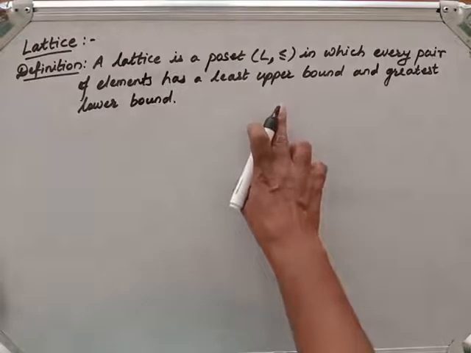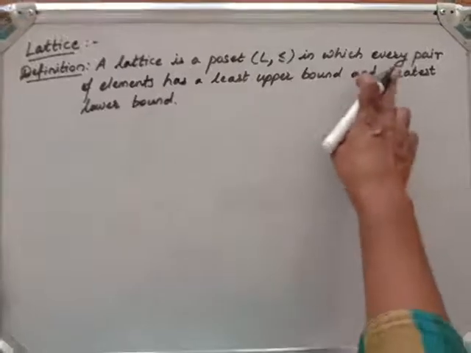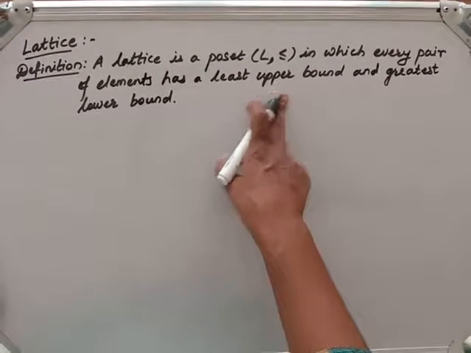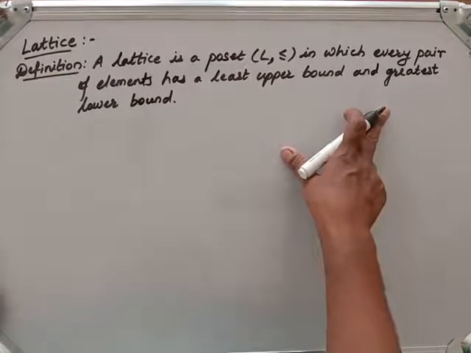When does a poset become a lattice? If every pair of elements has a least upper bound and a greatest lower bound.